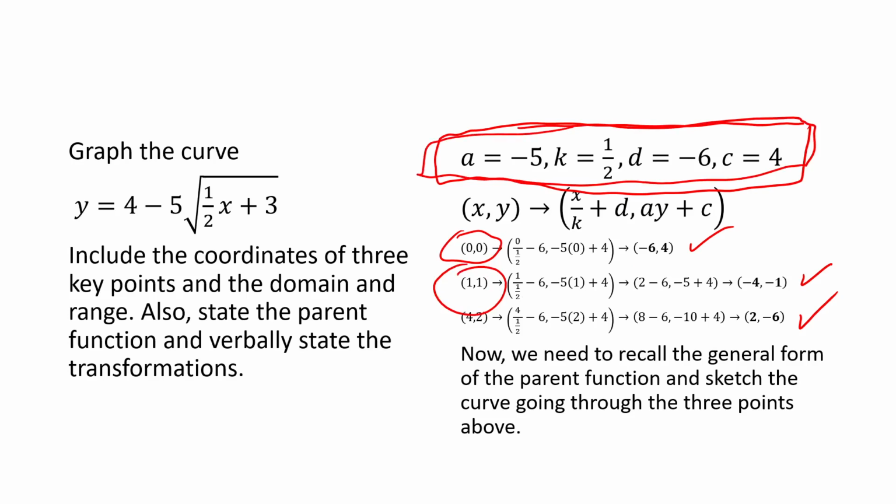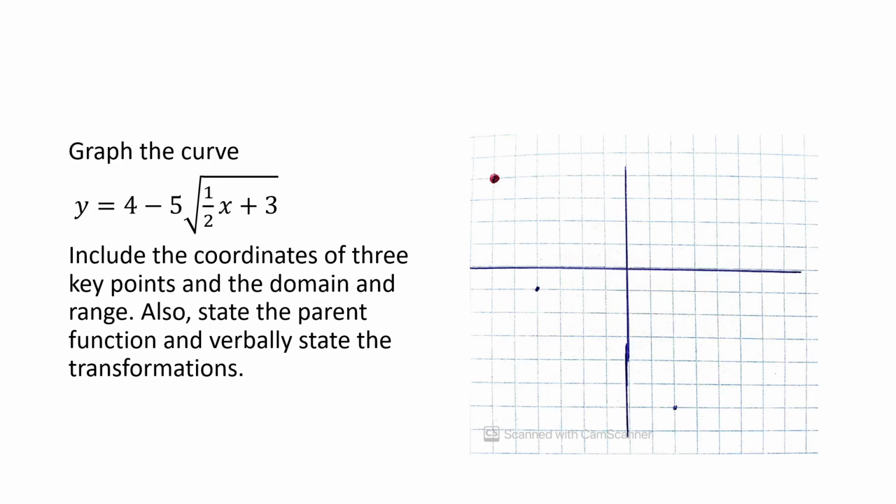We then go through the mapping formula like in the second row, and we end up with the point negative 4, negative 1. And finally, we let x and y be 4 and 2, because 4, 2 is a point on the parent function. And we let a, k, d, and c be the values highlighted above in the red rectangle. And so when we put 4 and 2 through the mapping formula, we get the point 2, negative 6. So we plot those 3 points, and this is what they look like.